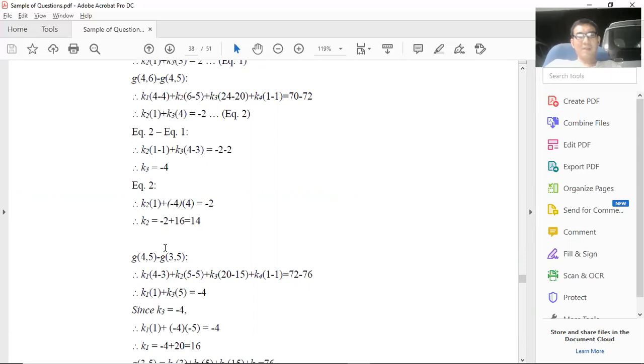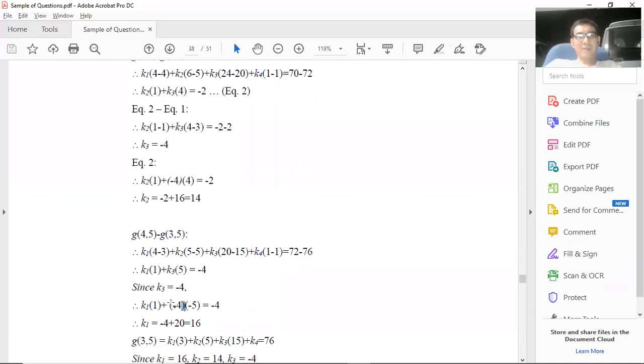We already have K3 as negative 4, so we replace negative 4 here. Then we can solve for K1. This one brought over becomes 16. Sorry, this is not negative 5, this is 5. A typo mistake here.